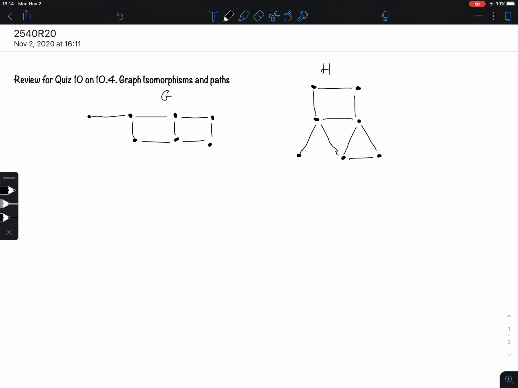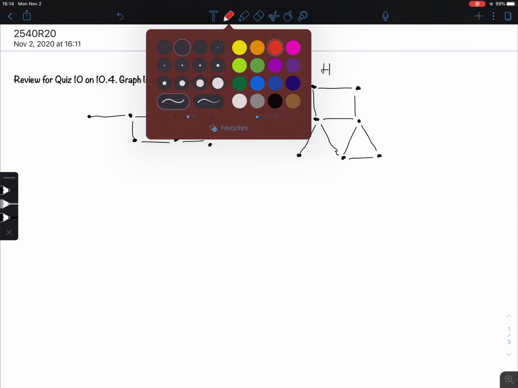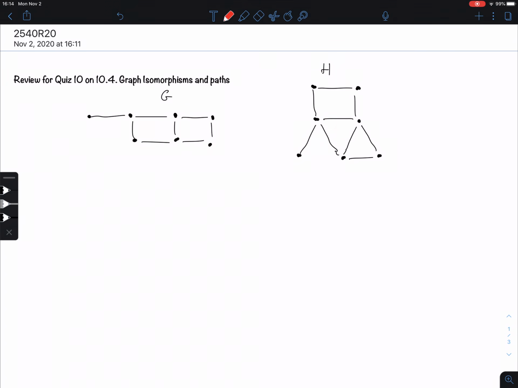Okay, so we know that one thing that we need to look at for graph invariants are degrees, and in particular the number of vertices of a certain degree has to be the same left and right. So let's look at what we have here. This is a degree 1, this has degree 3, this has... okay, sorry, I forgot to draw one line here.